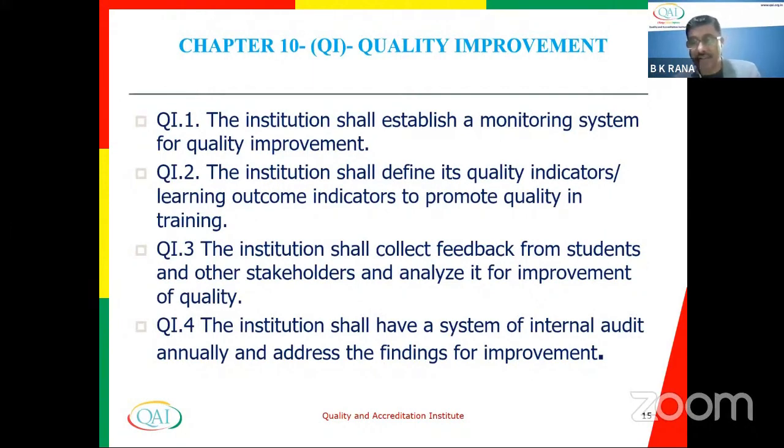So you carry out internal audit for the entire system, from chapter 1 to this chapter, everything you cover in your internal audit at least once in a year. You can have more. If you are starting a new system, you should have more frequent audits, maybe once in 3 months, once in 6 months, and then as you progress and get experience, you can have it at least once in a year.